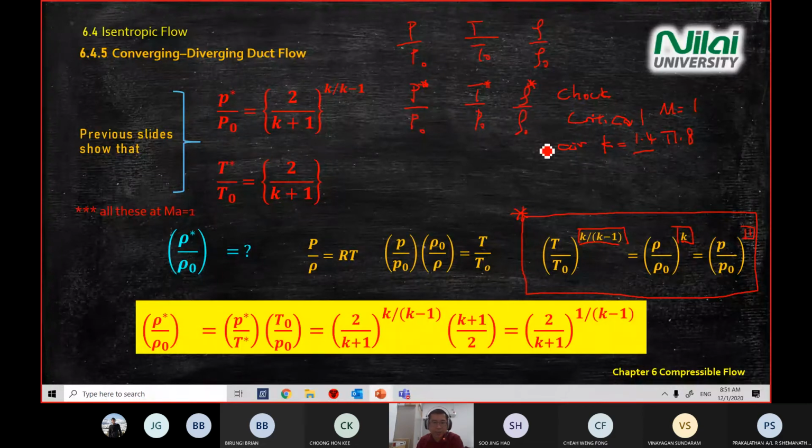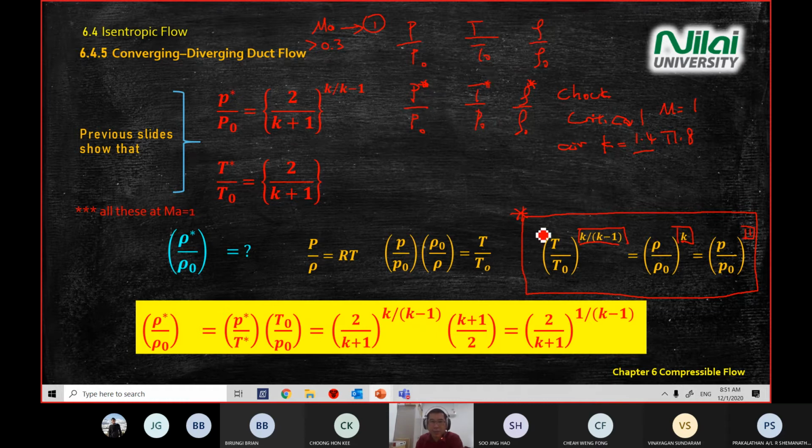Okay. What we are talking about now is the strategy in solving compressible problems. The first one, check your Mach number. Then you go to the equation. If Mach number is more than 0.3, you know that this is a compressible problem. Then you straight away use stagnation pressure, stagnation ratio, pressure, temperature, density with the equation, right?